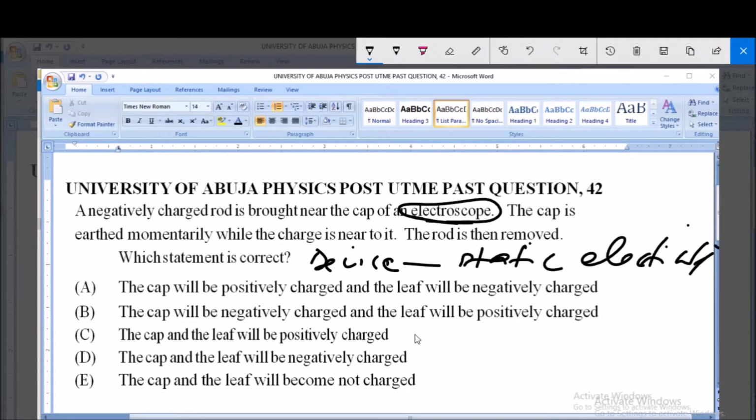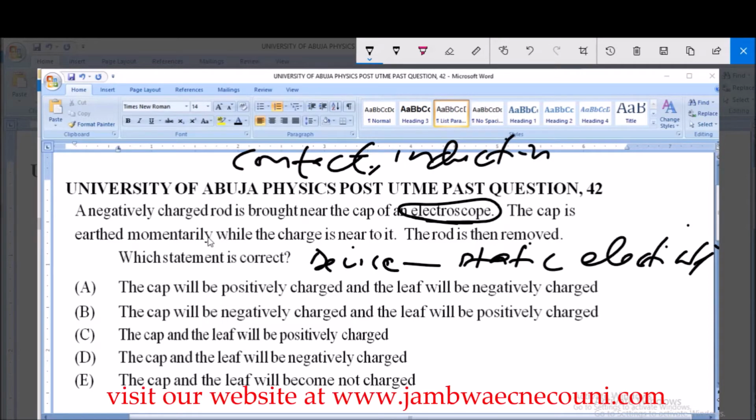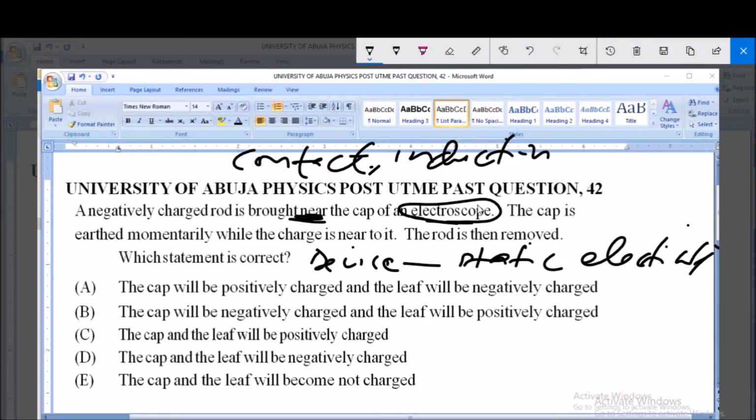Now we have two methods of charging: by contact and by induction. In this case they say the negatively charged rod is brought near. Since it's not in contact, it is definitely by induction. So this is what we'll consider.